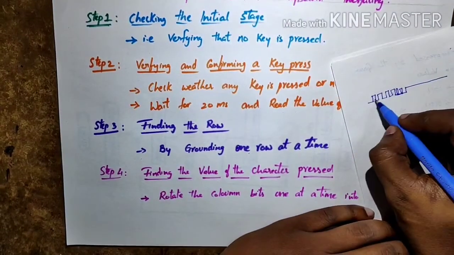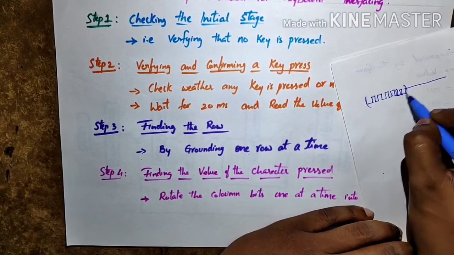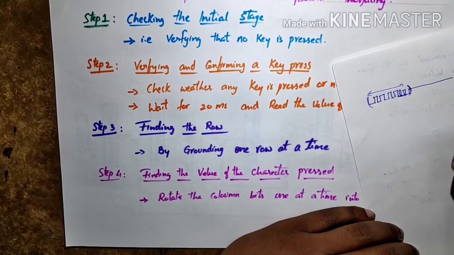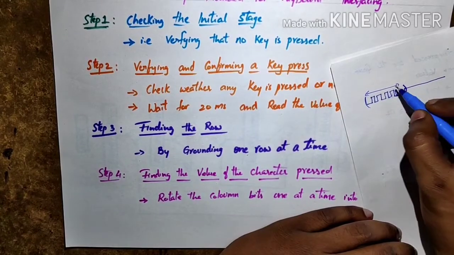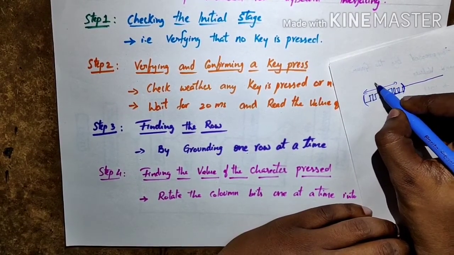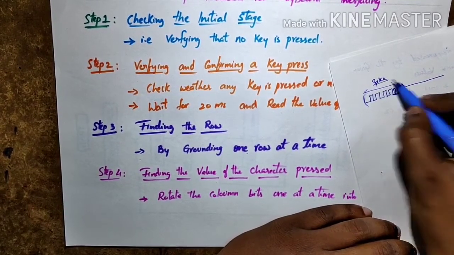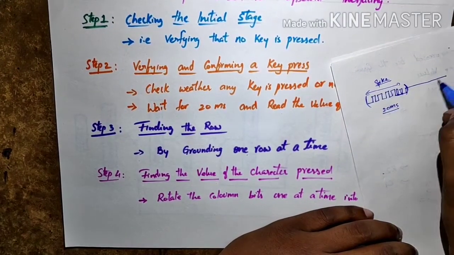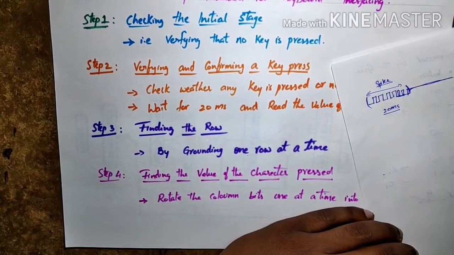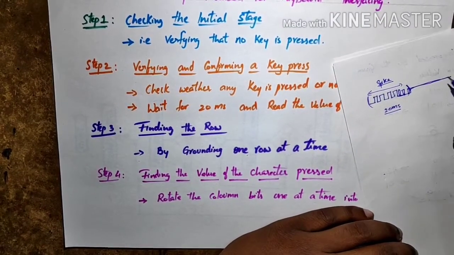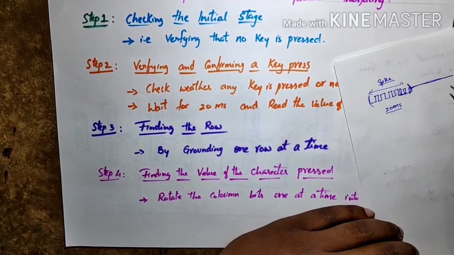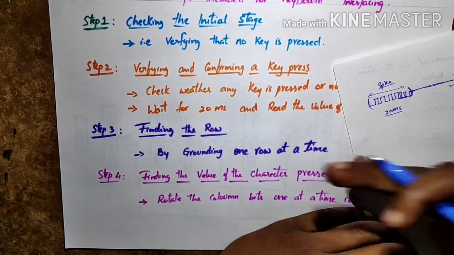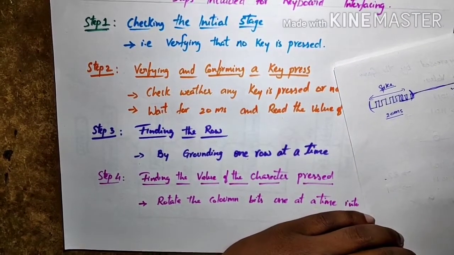In this particular span of time, we cannot confirm that a key has been pressed. So due to the spike noise, our microcontroller will wait for 20 milliseconds and verify the key press again. If after 20 milliseconds the column value has still changed, it will confirm that a key has been pressed.